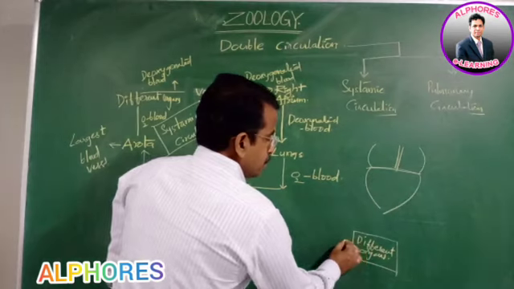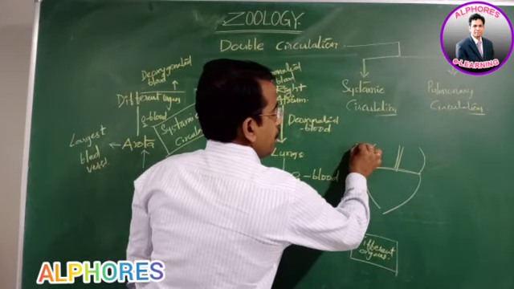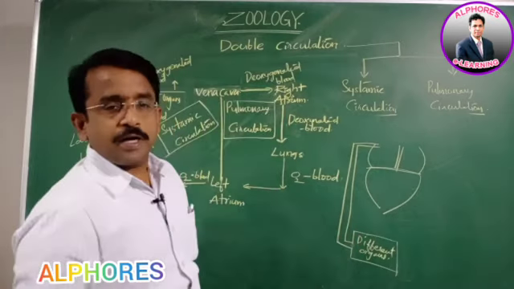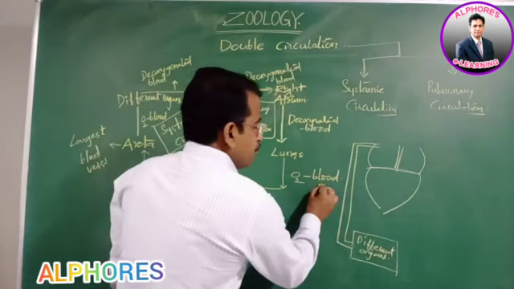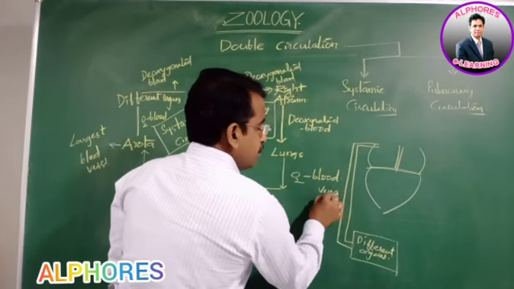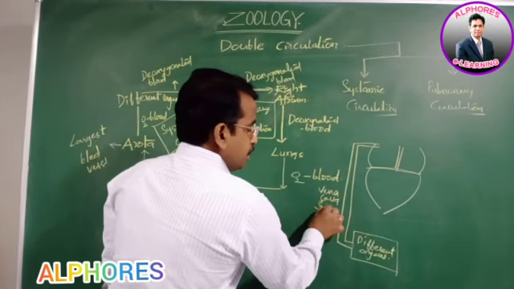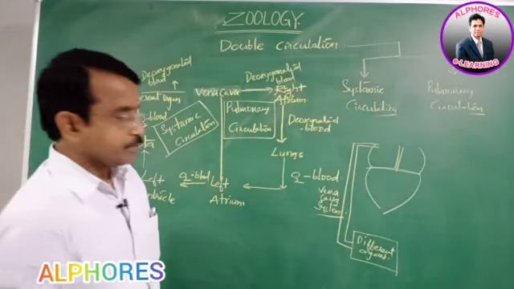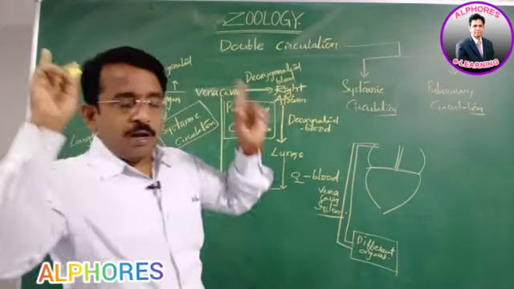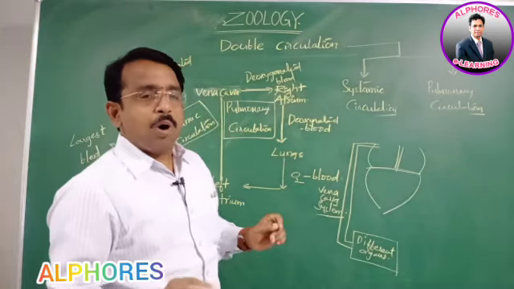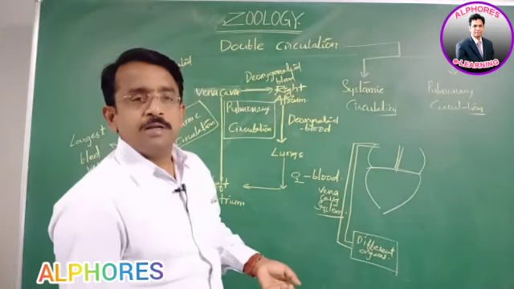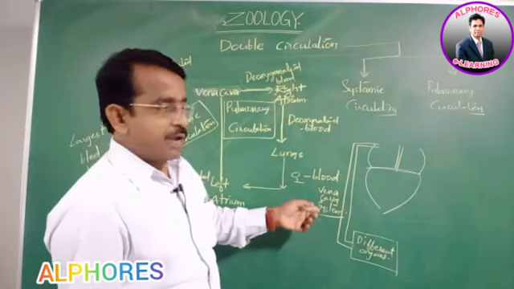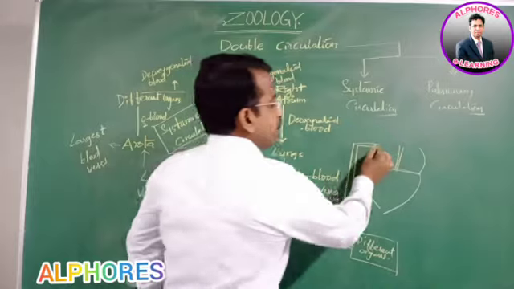From different parts, the deoxygenated blood is carried to the right atrium via the vena cava system, nothing but two precaval and one postcaval vein, two precaval from the anterior part of the body, one postcaval vein from the posterior parts of the body. Deoxygenated blood is carried by the vena cava into the right atrium.